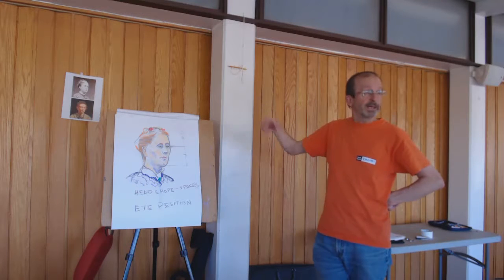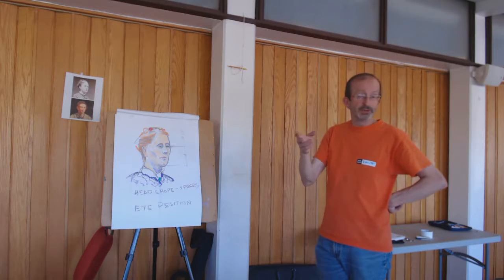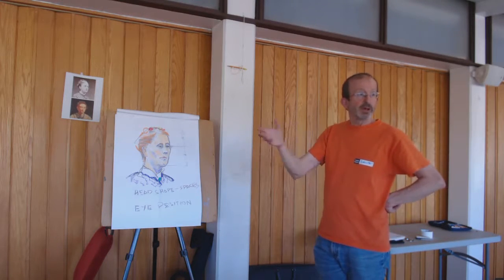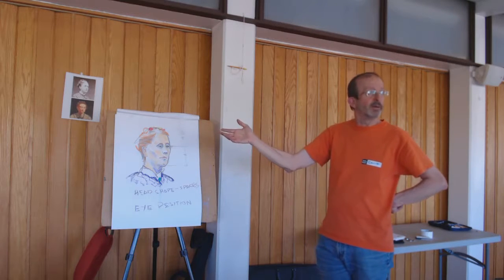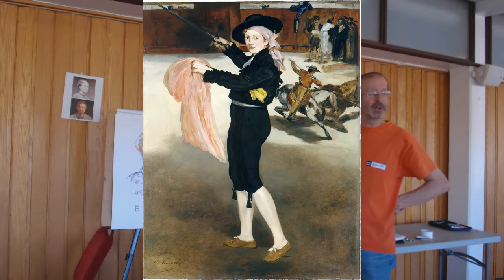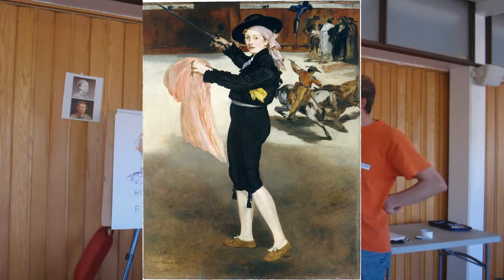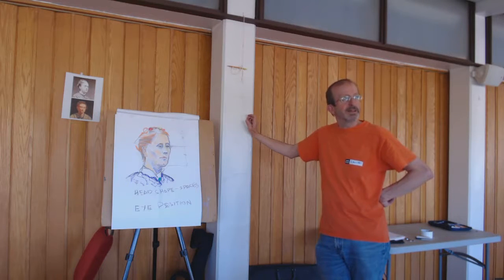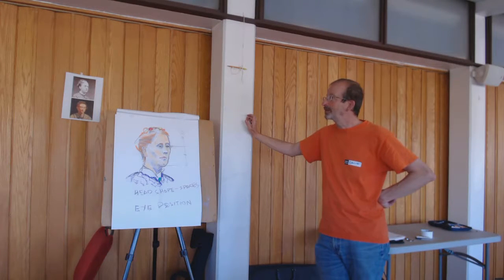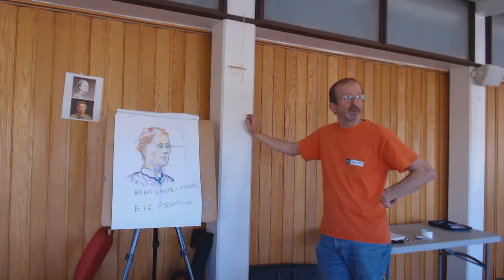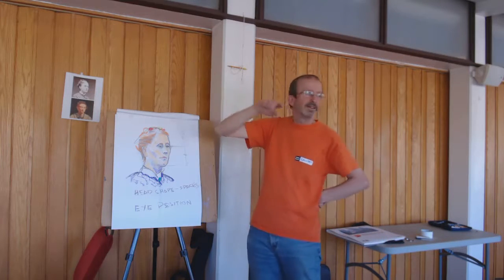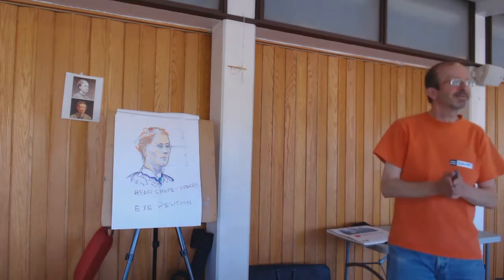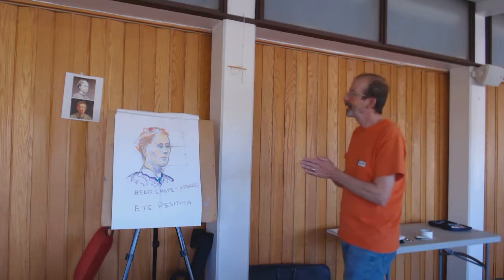There's even a painting of her called Victorine Meurent as a matador, and there she is as a matador, right? He painted her time and time again, so we have plenty of renditions of her, none of which look like that actual period shot, which is interesting, isn't it?